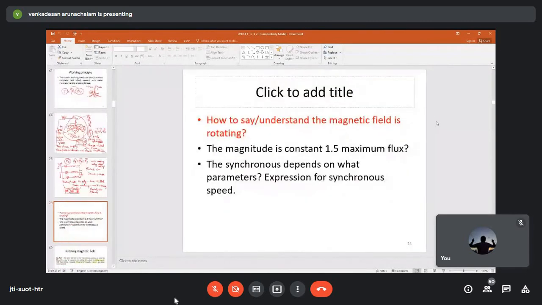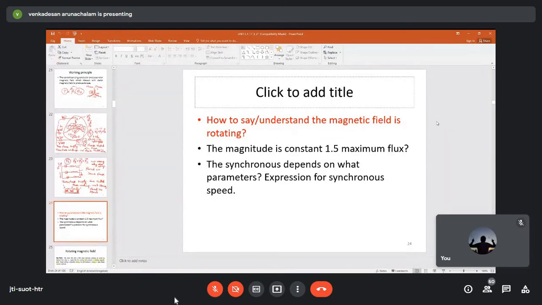Now, how to understand that the produced magnetic field is rotating? That is the first question. The second question is, the magnitude of the produced rotating magnetic field is always constant at every instant.